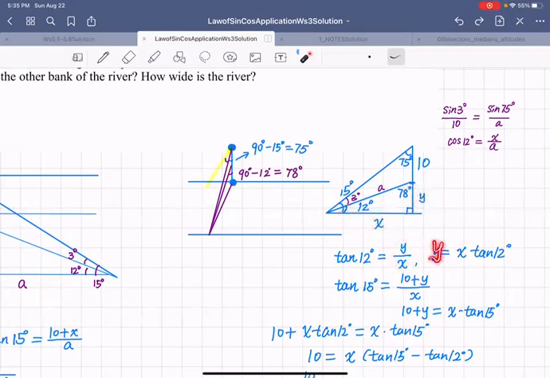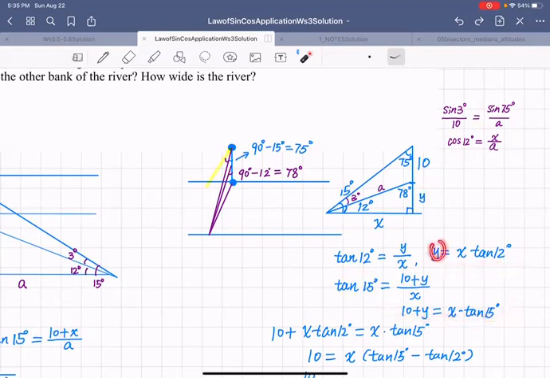So y equals x times tangent 12, correct, Aiden? Yeah. Tangent 15 equals 10 plus y over x, okay? So 10 plus y equals tangent 15 times x, correct? Correct. Yes. All right.